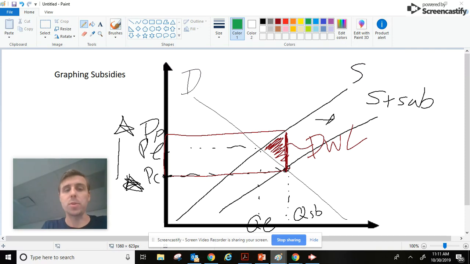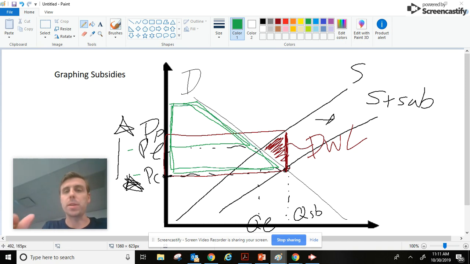Whereas my consumer surplus used to be all the way to their equilibrium price there, now they don't actually get this price. They get a lower price of PC. So their surplus goes all the way down to their new price. So they're stoked about that.